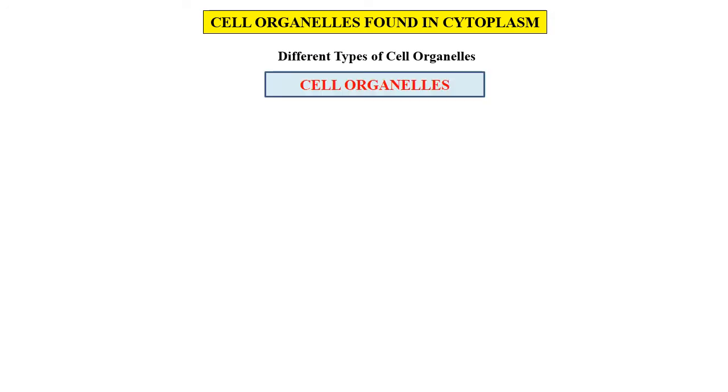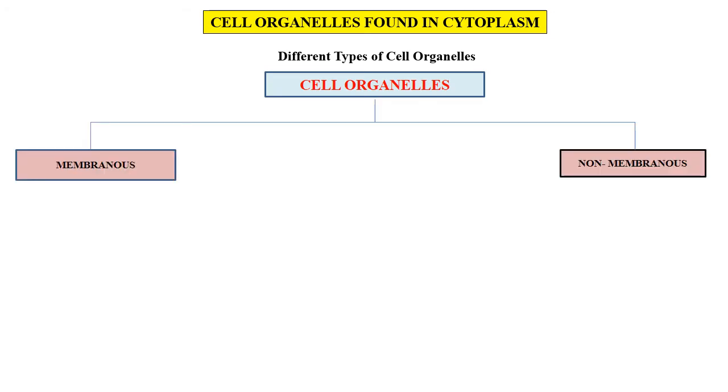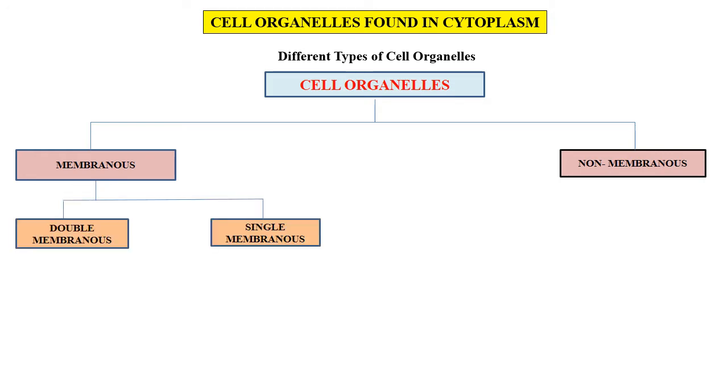Cell organelles found in cytoplasm. Different types of cell organelles. Cell organelles are divided into membranous and non-membranous. Let's see the membranous. Membranous is further divided into double membranous and single membranous.